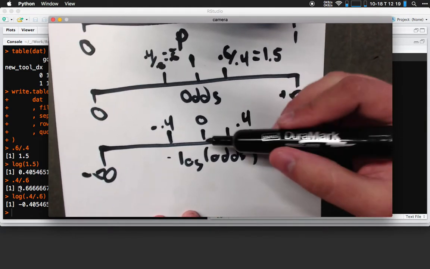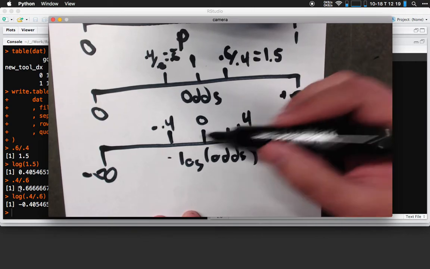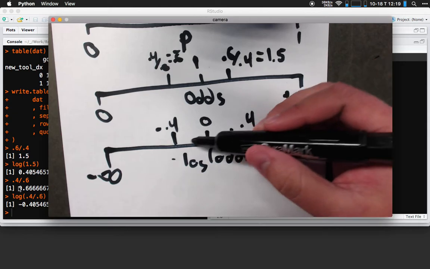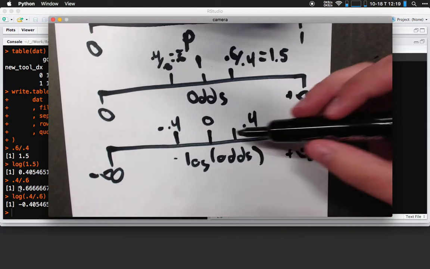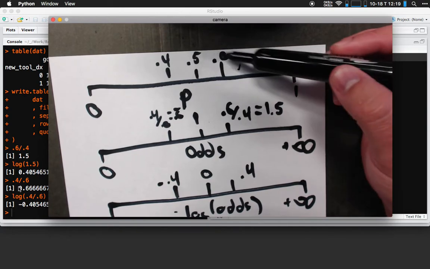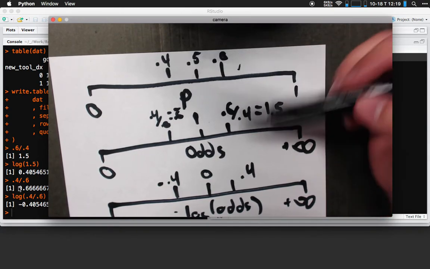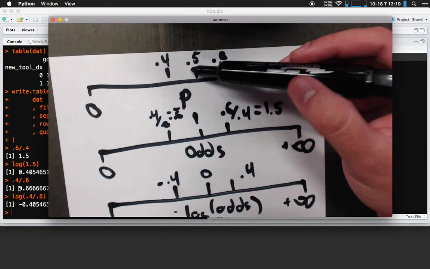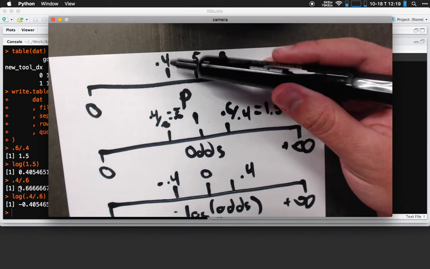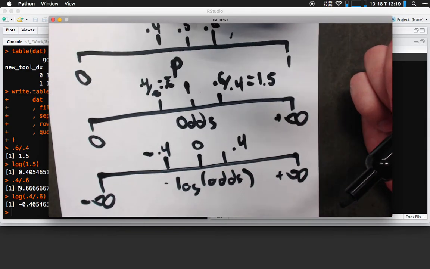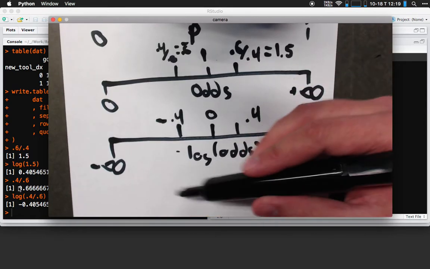One nice thing about that is when you're thinking about log odds, 0 is about 50%. And it's symmetric around 0, such that if you go 0.1 away from 0.5 in one direction, that yields this number. The equivalent movement in the opposite direction away from 0.5 yields just a number that's the negative of that value. All right, so this is the log odds scale.